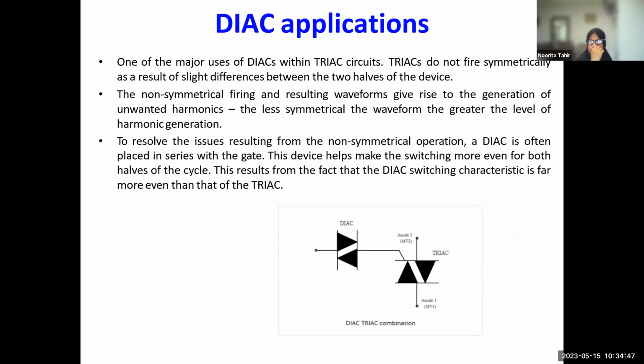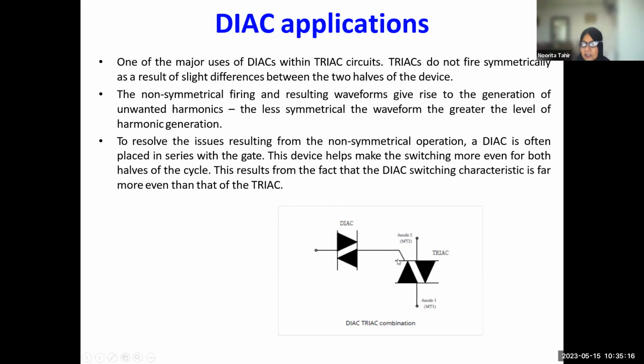So the diac application here. This is the diac-triac combination. One major use of diacs is with the triac circuit, because we saw earlier that the triac has a problem with firing symmetrically. So that's why we put the diac into it, at the gate.